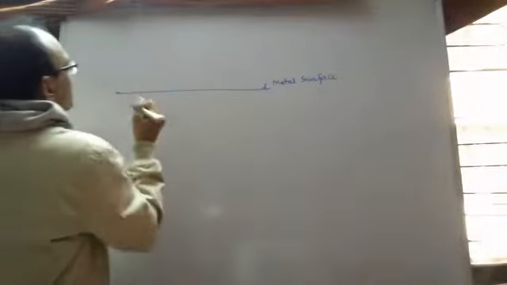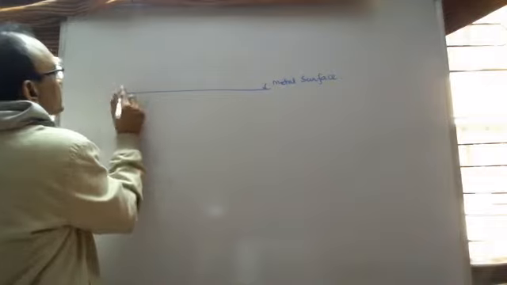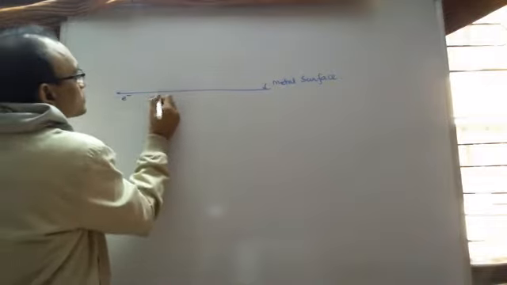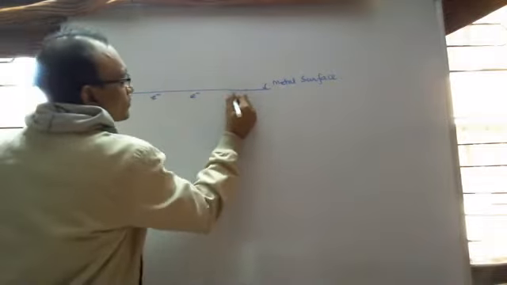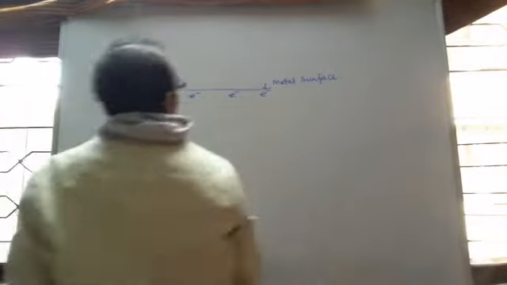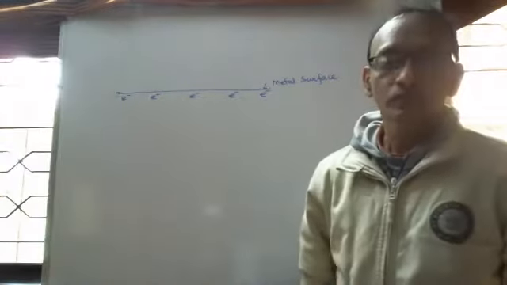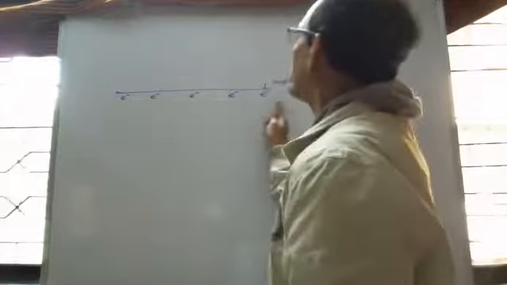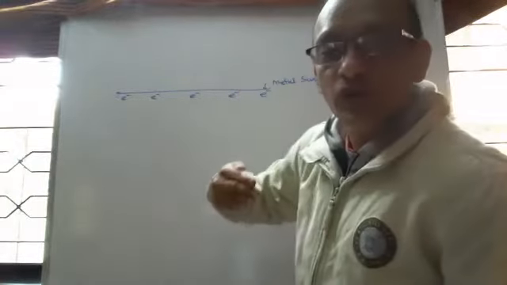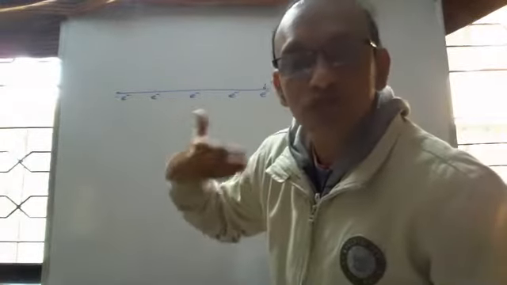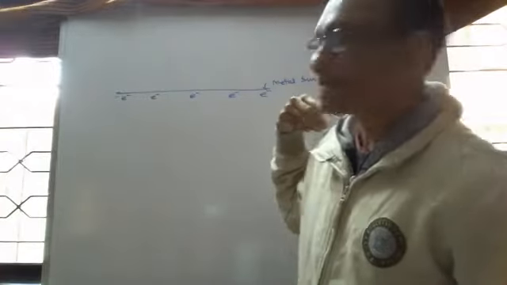On this metal surface, there are free electrons that are moving because of their thermal motion. Thermal motion, right?